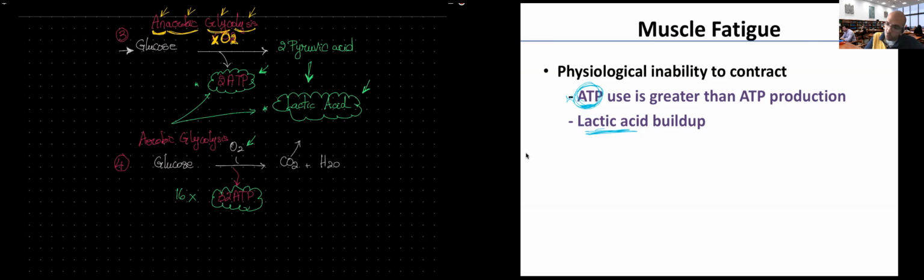Carbon dioxide is going to be breathed out. You're going to be washing out this carbon dioxide from your lungs, and the water is not going to be irritating your muscles. Compared to the lactic acid, remember, lactic acid, once it accumulates in my muscles, starts to irritate the muscle, causing again muscle fatigue.